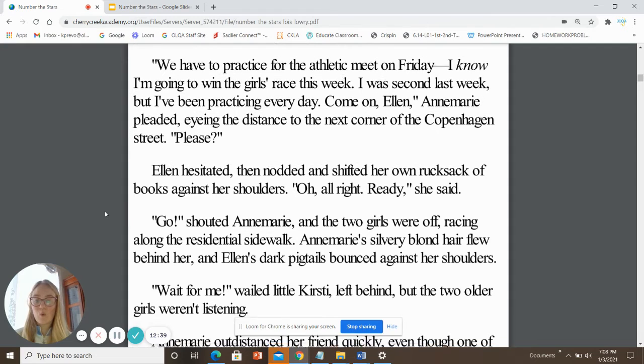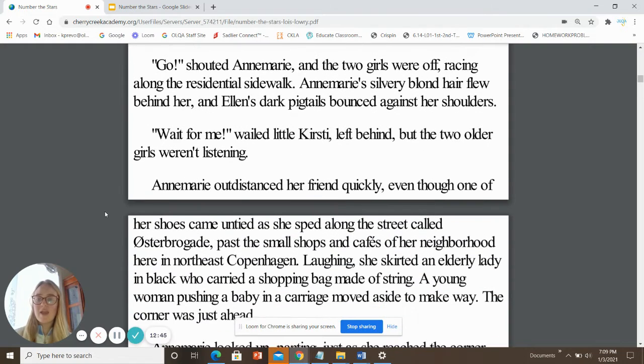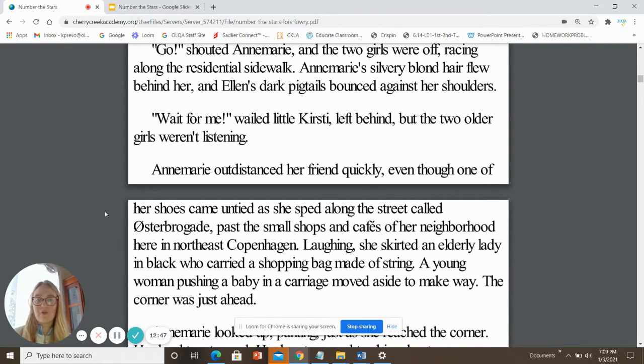Wait for me, wailed little Kirsty, left behind, but the older girls were not listening. Anne-Marie outdistanced her friend quickly, even though one of her shoes became untied as she sped along the street called Oosterbrogade, past the small shops and cafes of her neighborhood here in northeast Copenhagen.